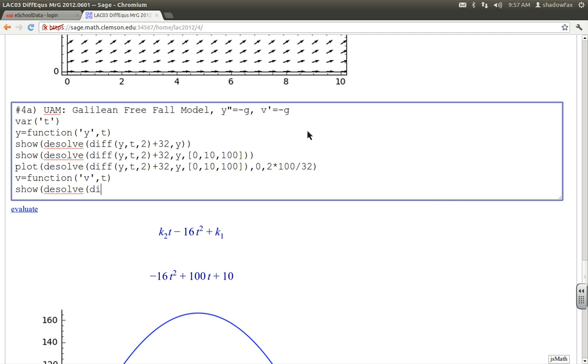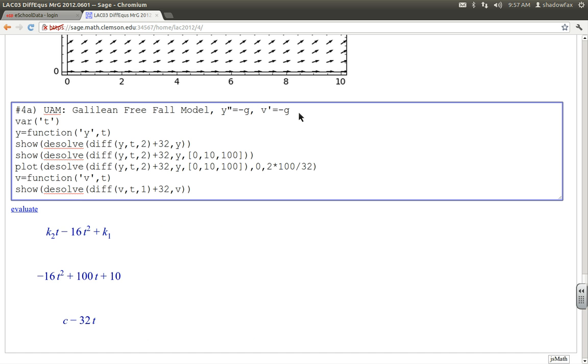So diff of v comma t comma 1, first derivative, right? Don't forget I got to set it equal to 0. So plus g. Let's make that still 32 for fun. And let's see what that gives me. Comma, v. I'm solving for v. All right, so there's your velocity function, c minus 32t.